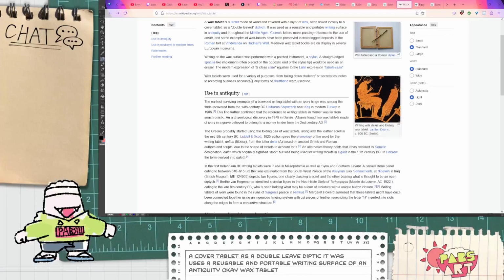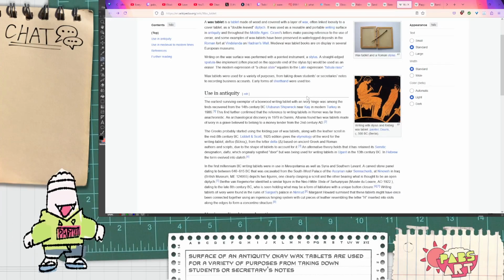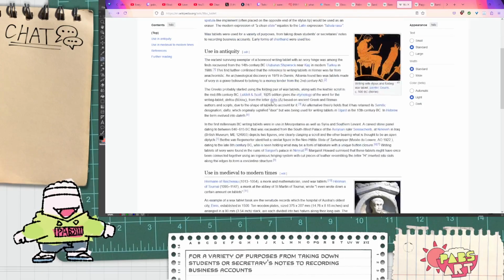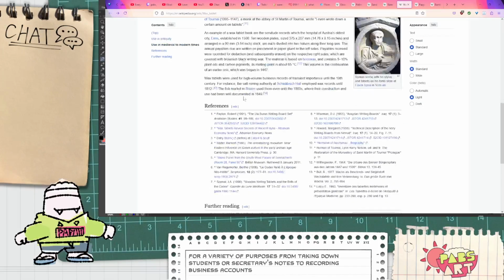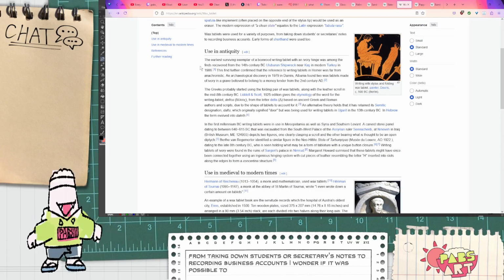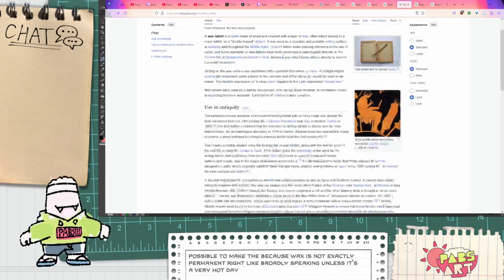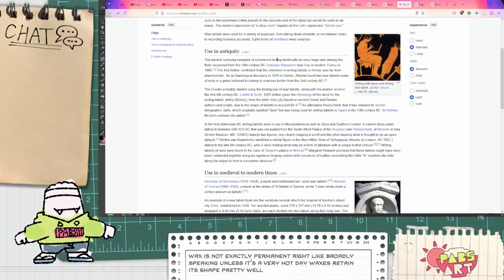Wax tablets were used for a variety of purposes, from taking down students' or secretaries' notes to recording business accounts. I wonder if it was possible to make, because wax is not exactly permanent, right? Like, broadly speaking, unless it's a very hot day, wax will retain its shape pretty well.